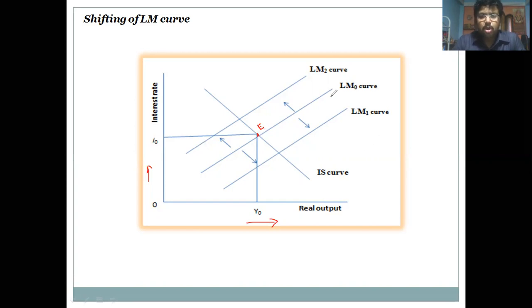The shifting of the LM curve towards the right: increase in nominal stock of money. If the nominal stock of money increases, then the LM curve will shift rightward.